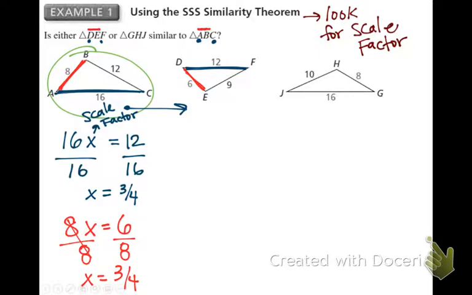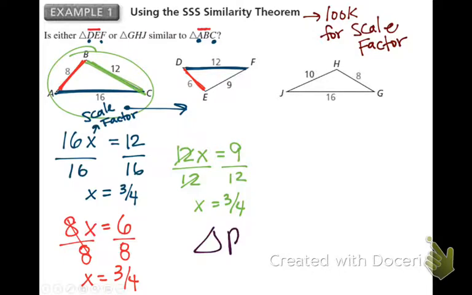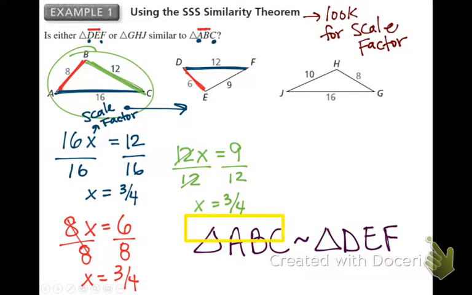We'll do the last set, which obviously would be 12. 12 times the scale factor will give me 9. Divide by 12. X equals 3/4. So do they have the same scale factor? So we're going to say triangle ABC is similar to triangle DEF.